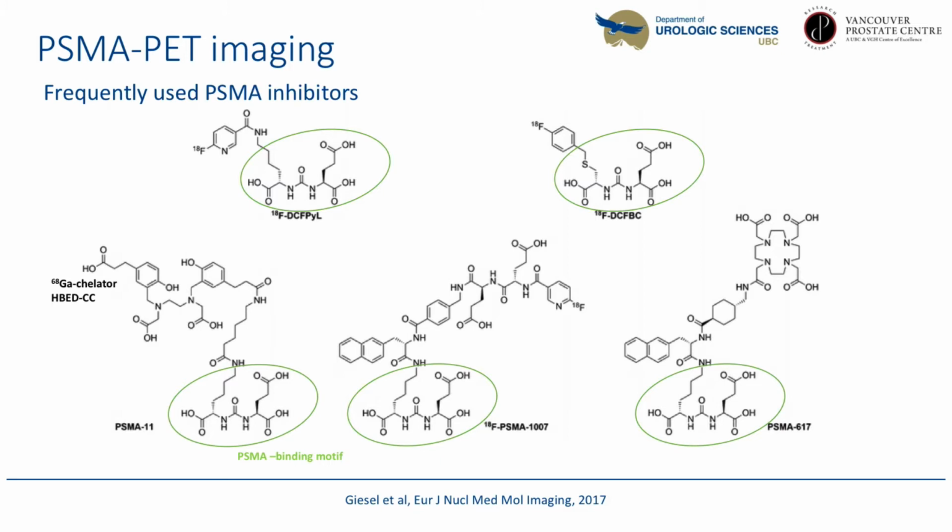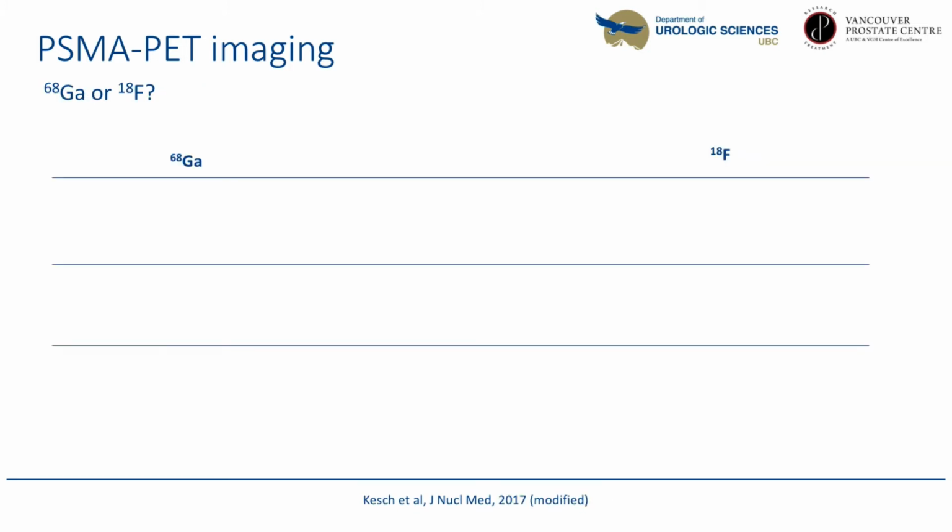The other one is the fluorine-18 tracer from Heidelberg. And now let's have a look at some data. First of all, why should we use the one or the other? Up to date, we cannot really answer that question.